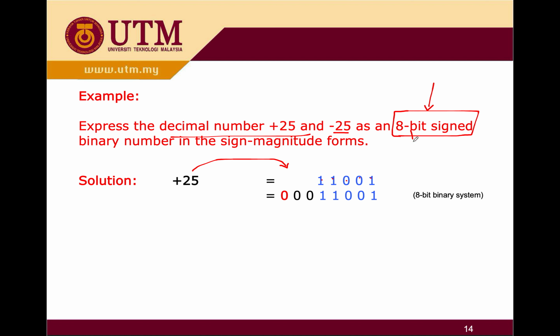But as it's already informed that it is 8 bits, you're going to add another 0. Should be there is another 10, but it's okay over here. Then you will add a 0 over here, as this is the sign bit. This is the magnitude bits.